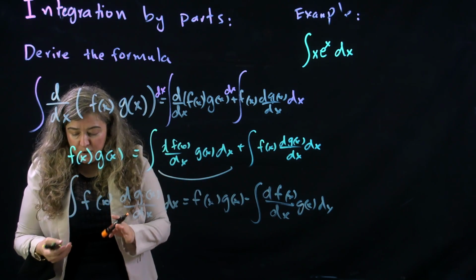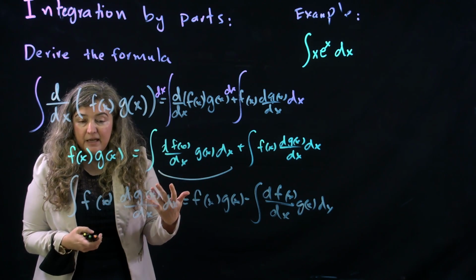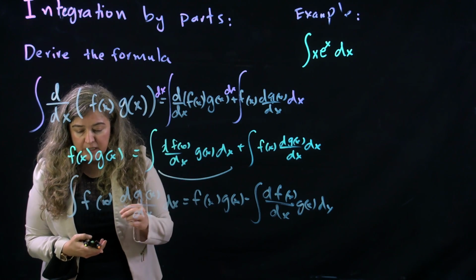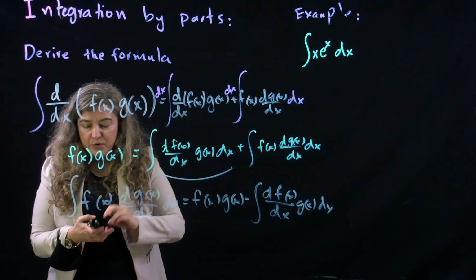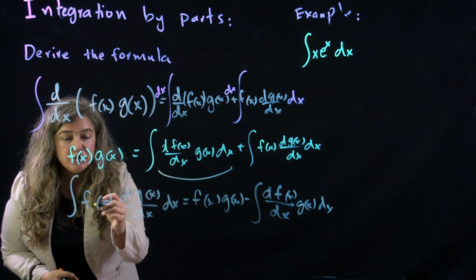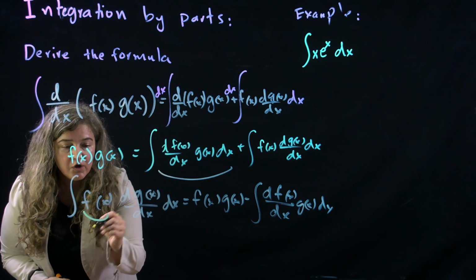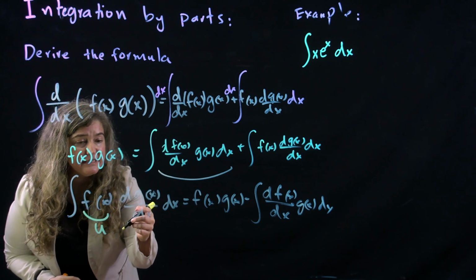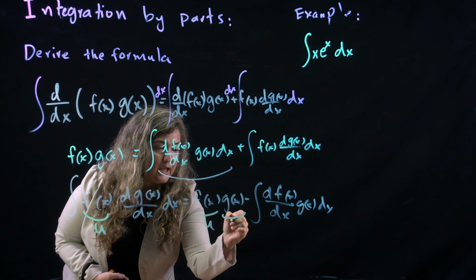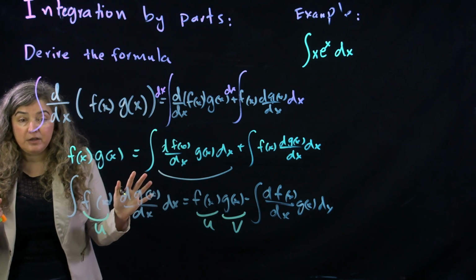So what should we do to simplify it for our sake? What people usually do is they choose f to be u, and g to be v, two variables.